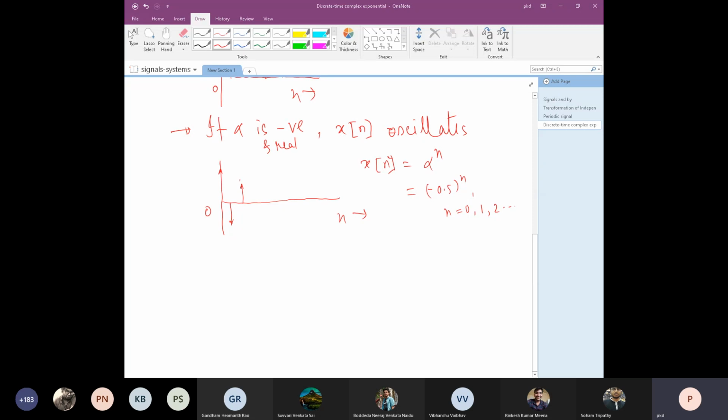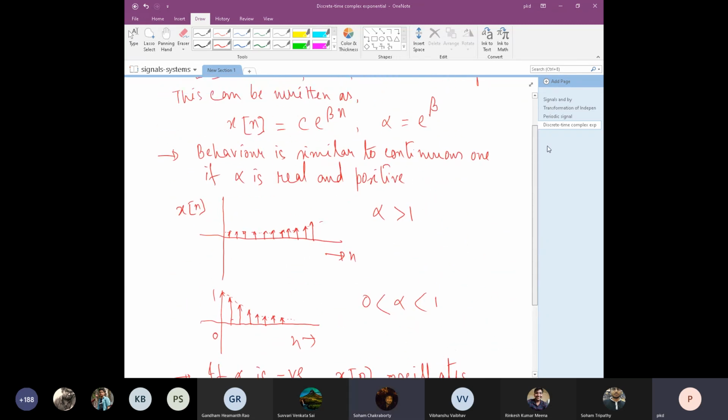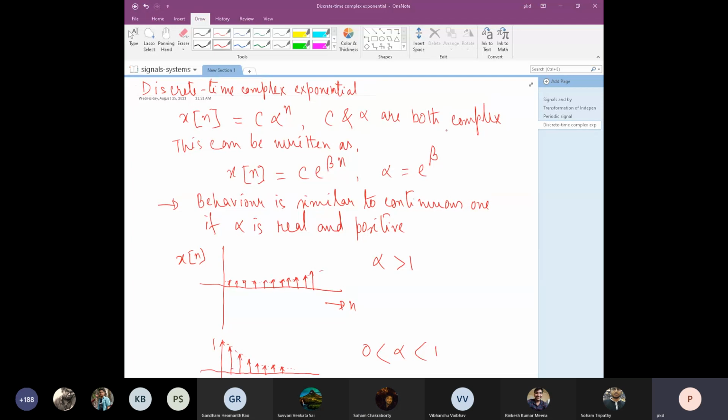So therefore, this will continuously decrease, but oscillate. In the case of alpha negative, the e power beta representation that we did would not hold. No, we have not gone to e to the power beta. We have taken the first case, alpha to the power n.